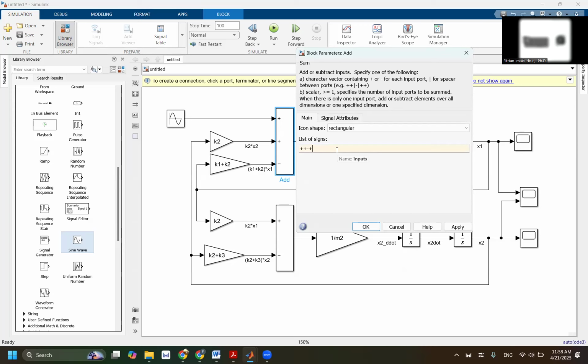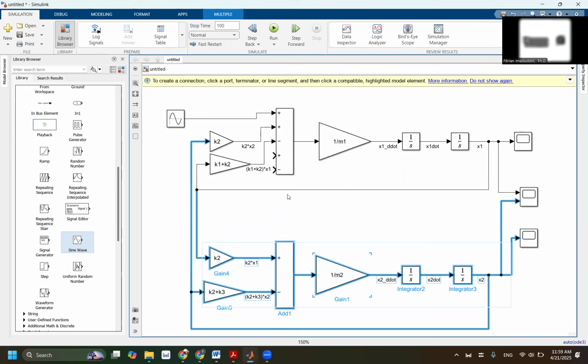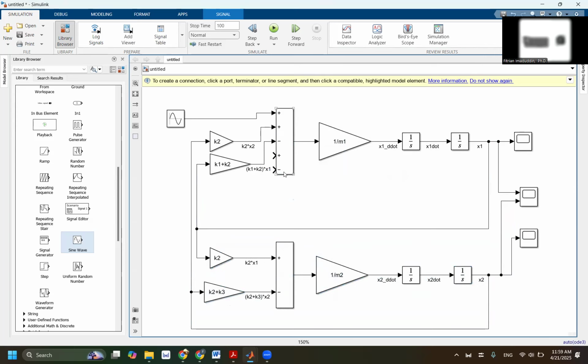I need to have plus and minus in the end. I'm going to adjust a little bit down, and then I need to add the C. There's not really one way to do this. You can make it C times X1 minus X2, and then you can put it here. As long as it's mathematically correct, it's the same.